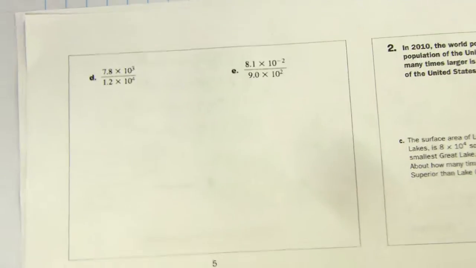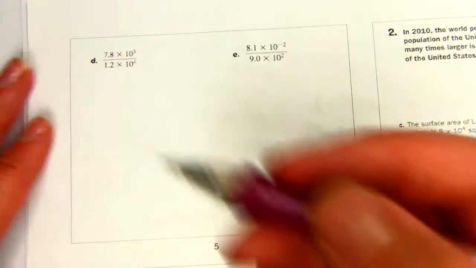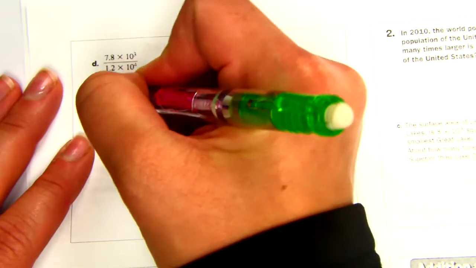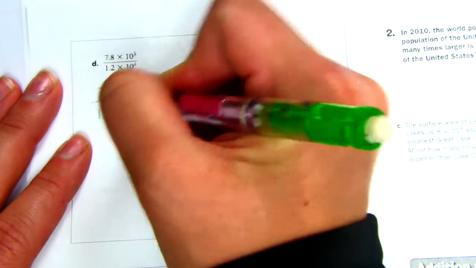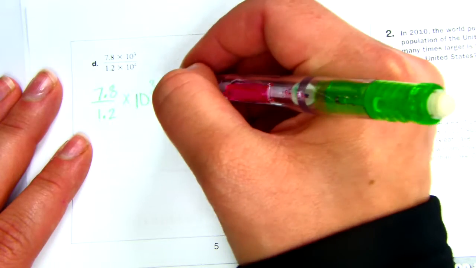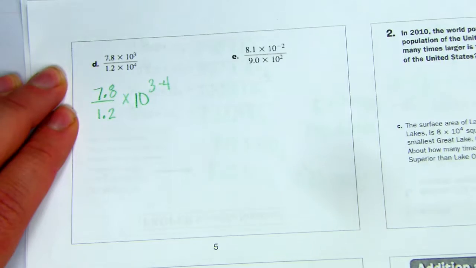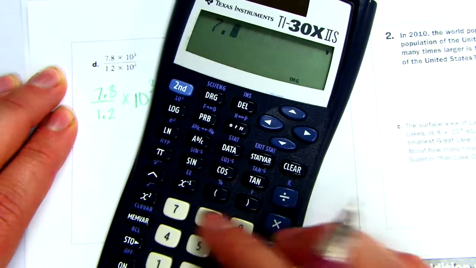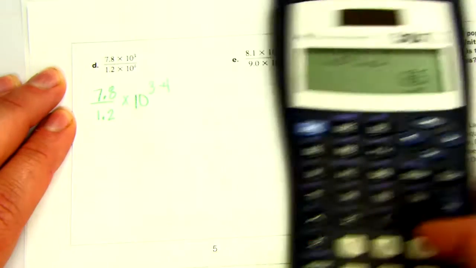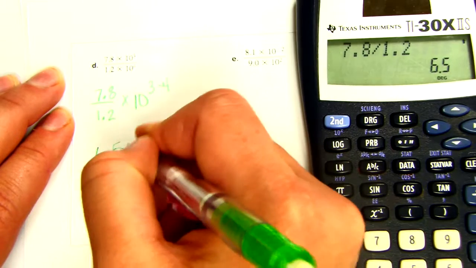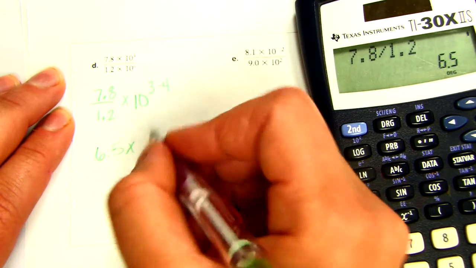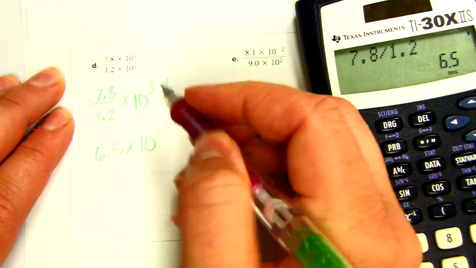Okay, we're going to practice dividing. Same thing though. We divide our coefficients and subtract our exponents. So 7.8 divided by 1.2 is 6.5 times 10 to the 3 minus 4, which is negative 1.